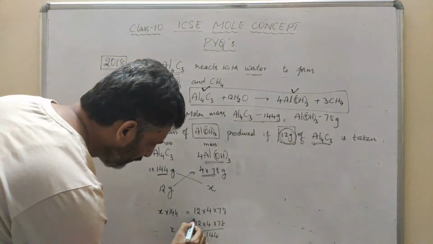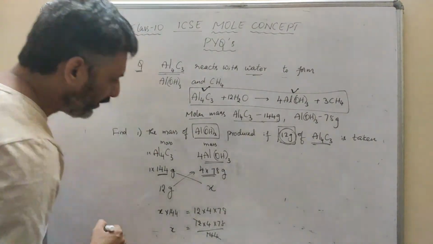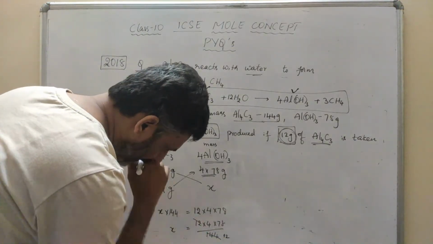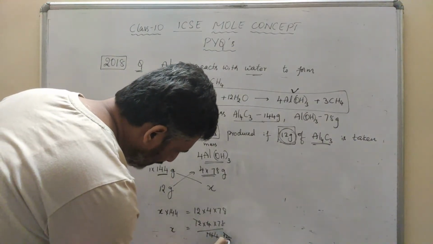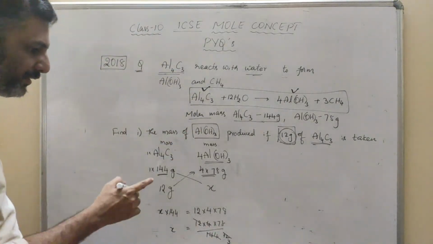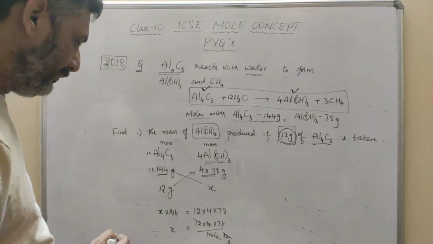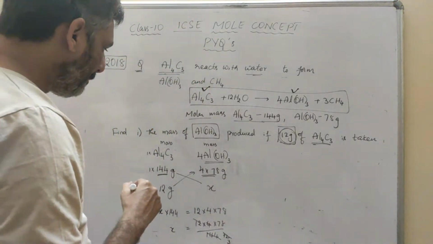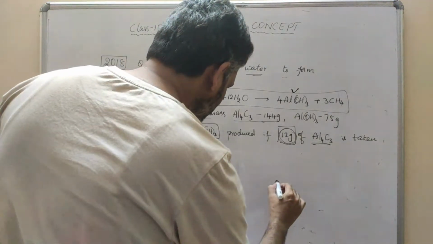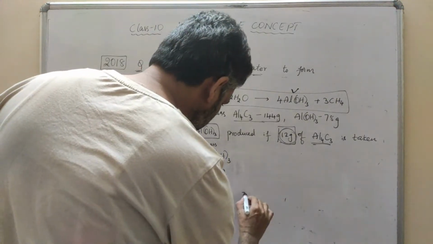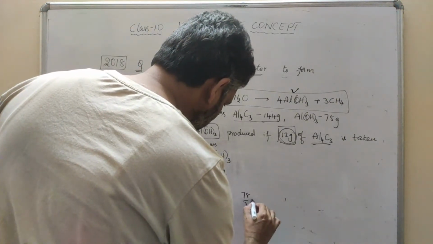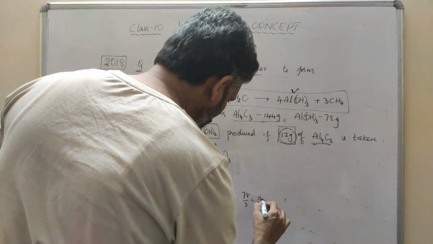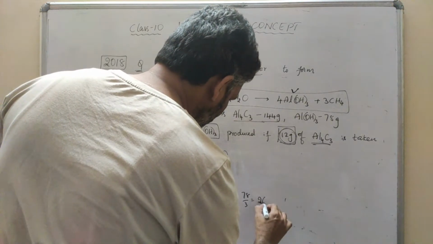Cancelling 12 and 4, that will be 78 by 3. Dividing 78 by 3, you will get 26.